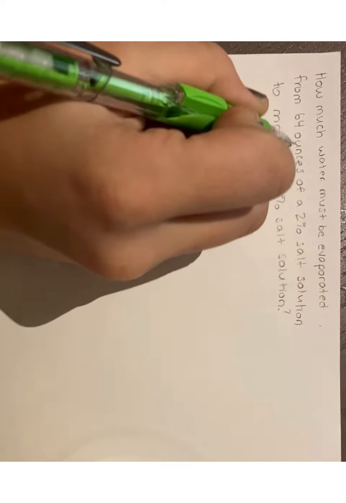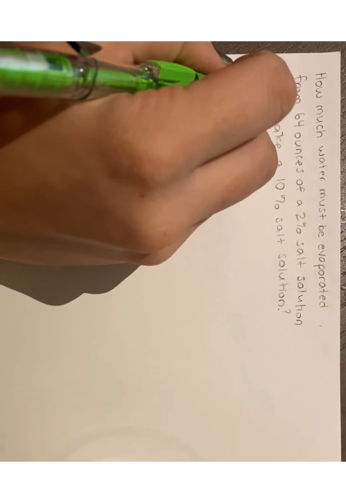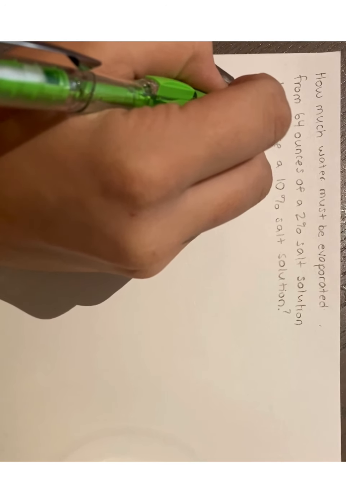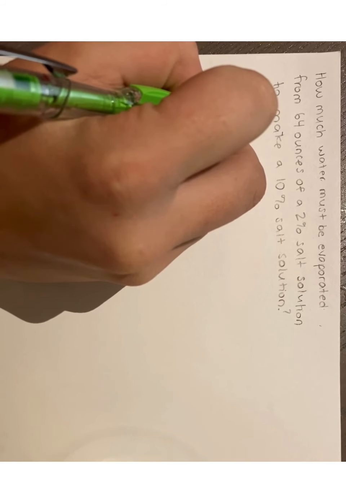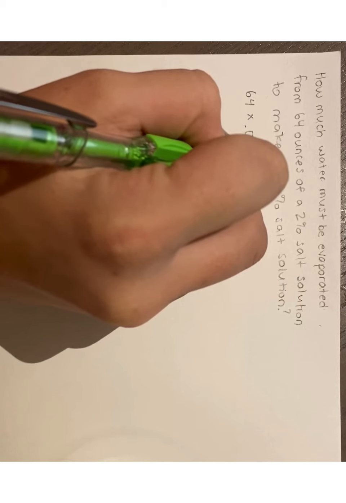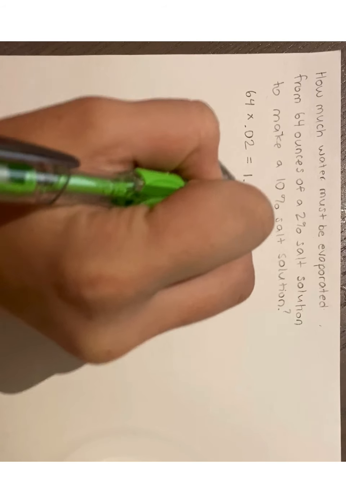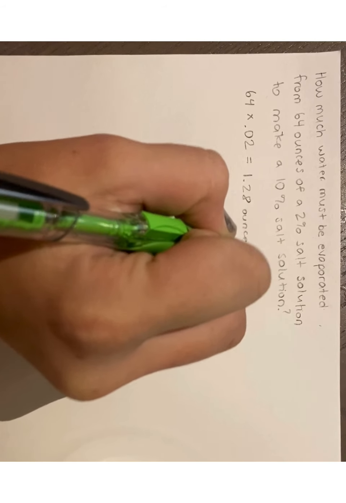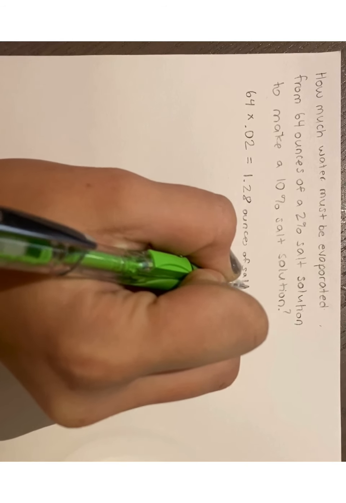How much water must be evaporated from 64 ounces of a 2% salt solution to make a 10% salt solution? So we're going to begin by finding out how many ounces of salt are in the solution. So we can do 64 ounces times the 2%, so 0.02, and that's going to equal 1.28 ounces of salt.